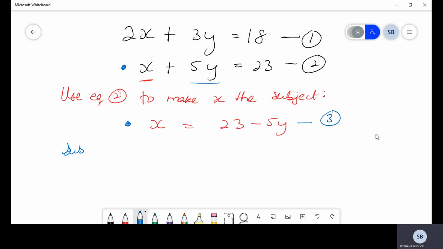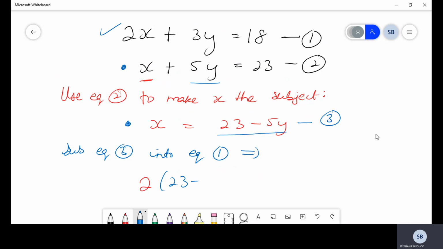So now I will substitute my equation 3 into my unused equation 1. And that will give us, we have equation 1 being 2x. Now remember, we just found a value for x. It's 23 subtract 5y.